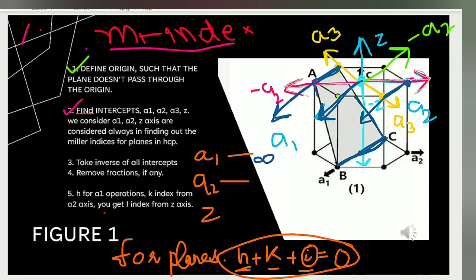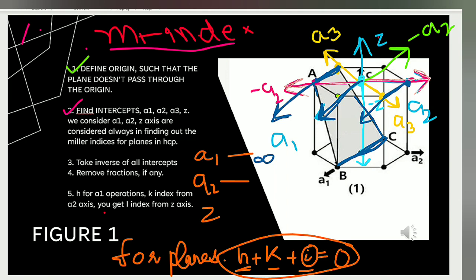Whenever you want to see whether a certain plane is parallel to any of the axes, you have to see the boundary lines. Always two boundary lines will be parallel to any of the axes you are looking at. So here we were considering A1 axis, and we can see the boundary lines of the plane under study are parallel to the A1 axis.